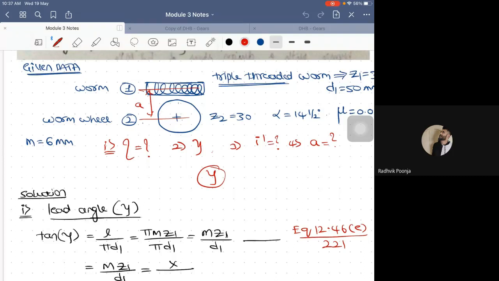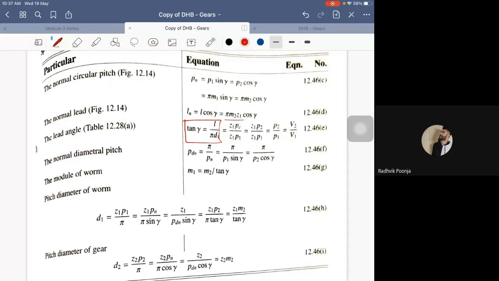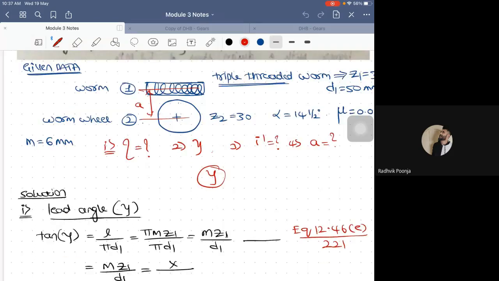L is pi m z1. Just take that. Next is pi d1, so pi cancels. It is m z1 divided by d1.